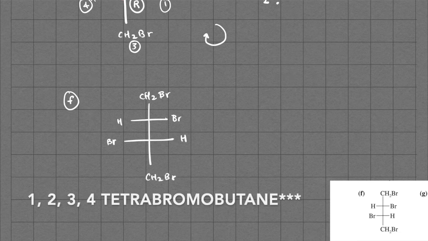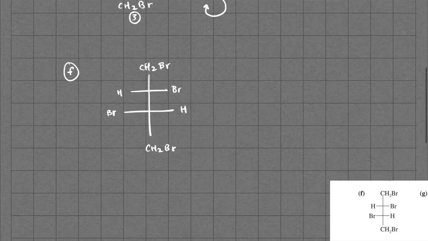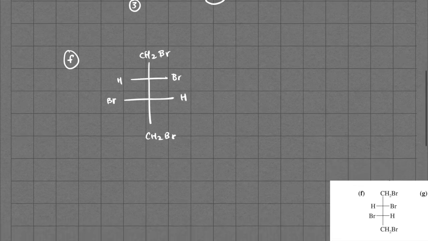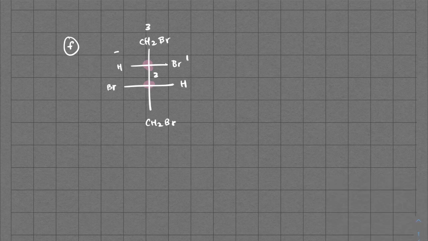This one is also 1,2,3,4-tetrabromobutane, like our other one, but its stereochemistry is different. So those are the stereocenters. Let's do the same thing. Assign priority. 1, 2, 3, 4. And the bromine is still facing out towards us, so no need to manipulate anything.